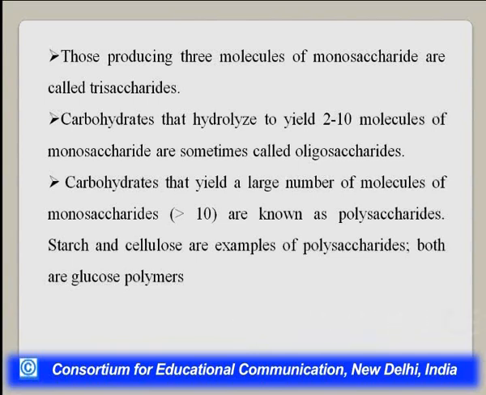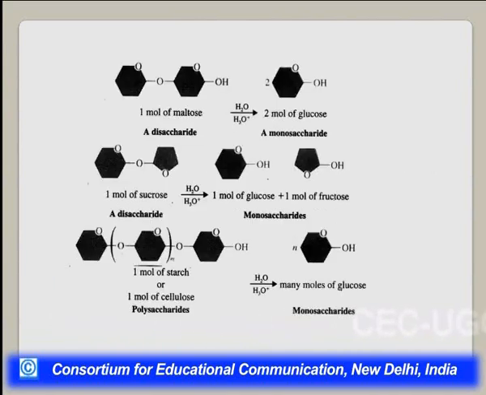Carbohydrates that hydrolyze to yield 2 to 10 units of monosaccharides are also known as oligosaccharides. Carbohydrates that yield a large number of molecules of monosaccharide, let us say more than 10, are known as polysaccharides. Starch and cellulose are examples of polysaccharides. Both are glucose polymers, meaning both on hydrolysis will give the monosaccharide glucose.